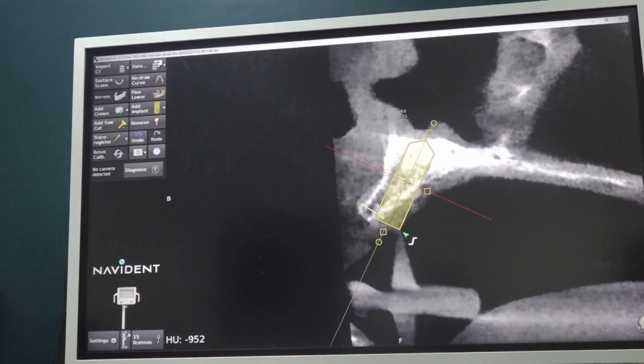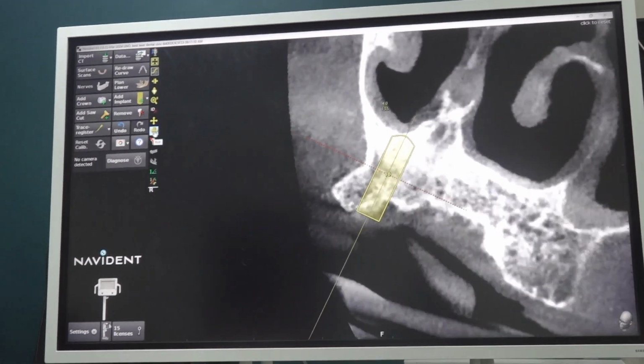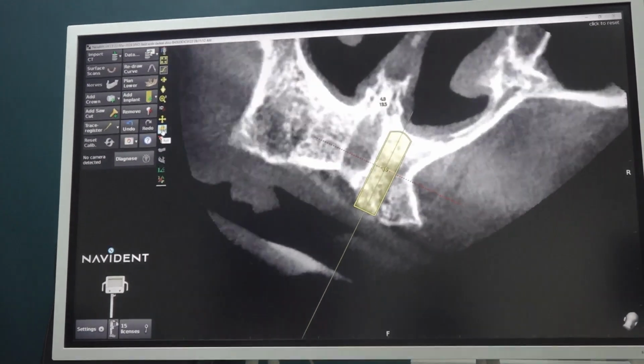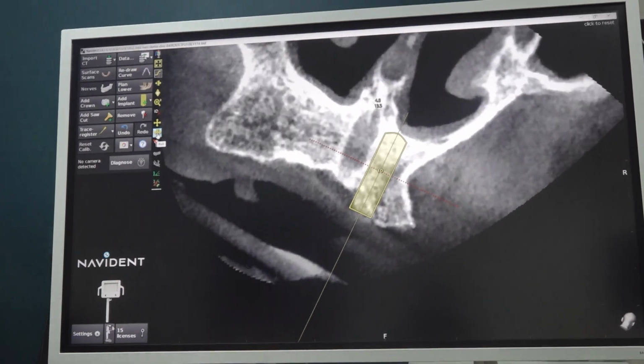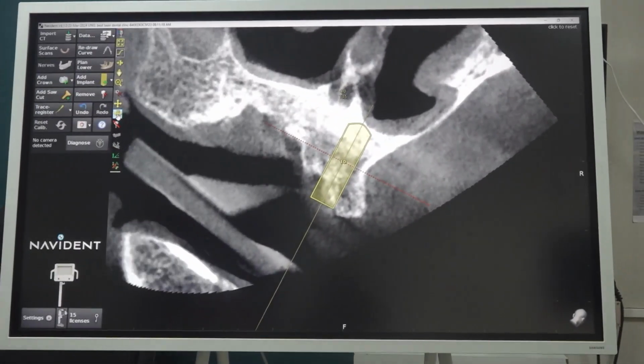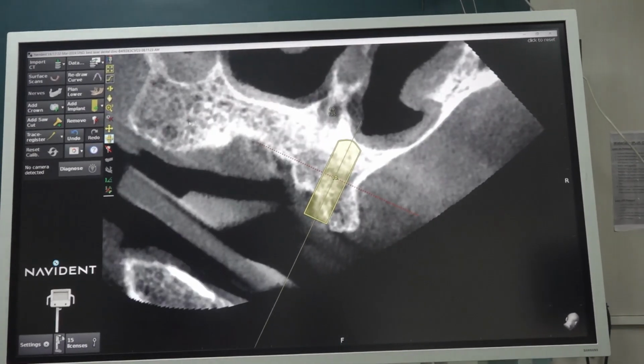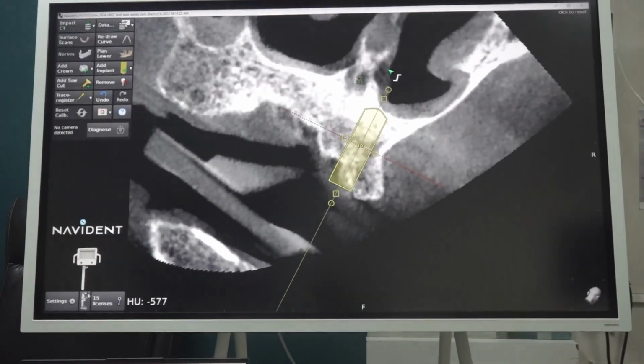About 13.5 length is there. Make sure we have to be away from the canal. You can see here it is opening as 2 foramens exit. Okay.